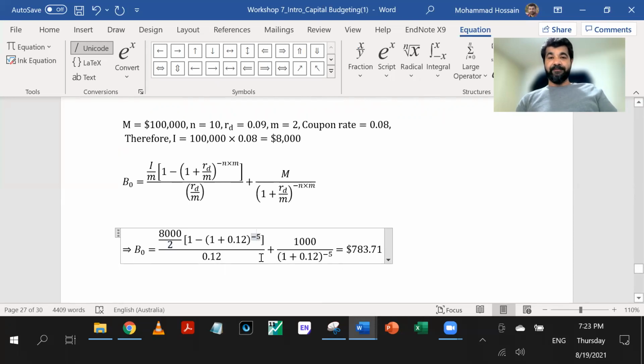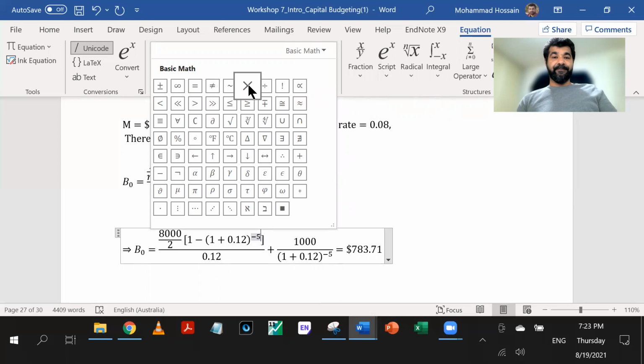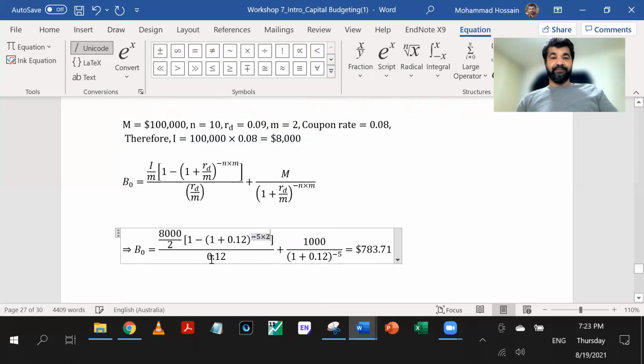It's not 5 anymore, it's going to be 5 multiplied by 2. It's not 12, R is 0.09, divided by 2.